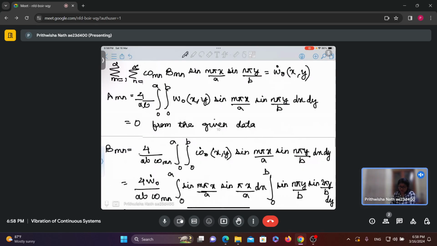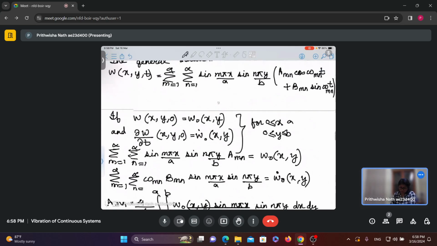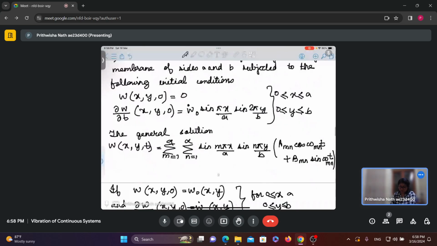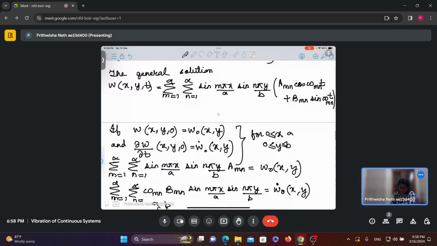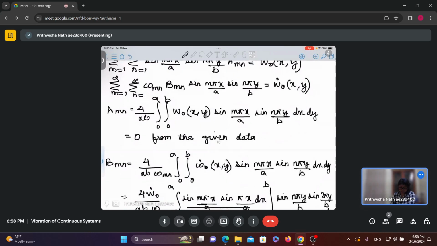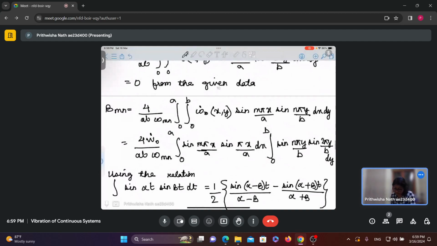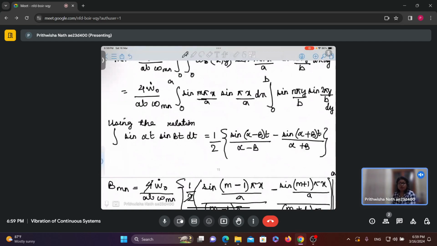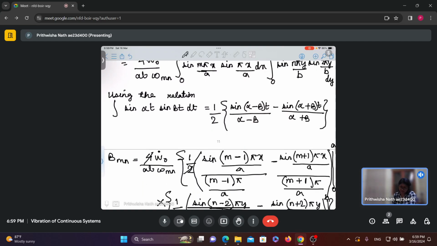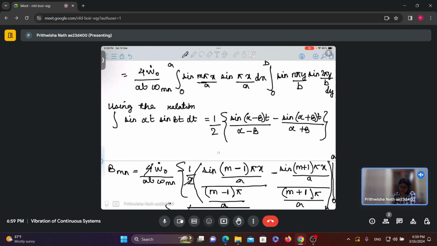So I substitute the value for W dot, which is given in the question. Now I integrate the x terms and the y terms separately. Again I use this relation which I used for the earlier question. Now I apply this relation to solve this integral.